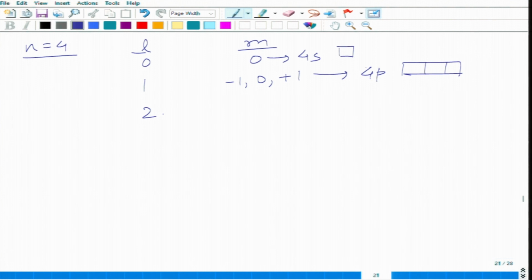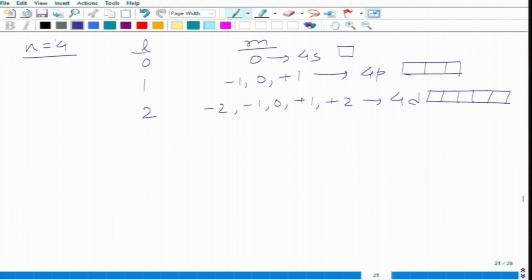For l equal to 2, it will be -2, -1, 0, +1, +2, that is 4d with 5 orbitals.